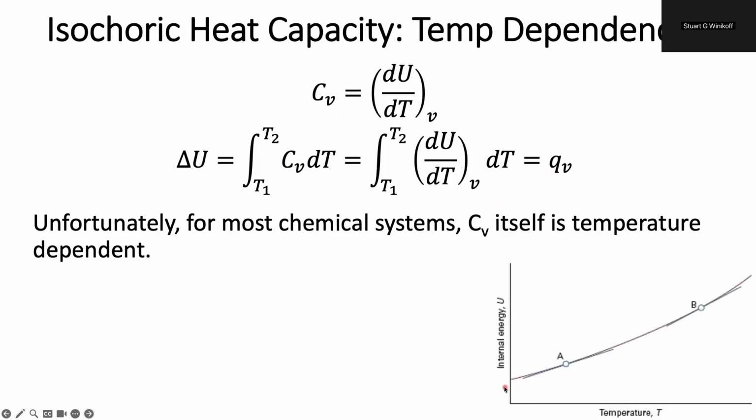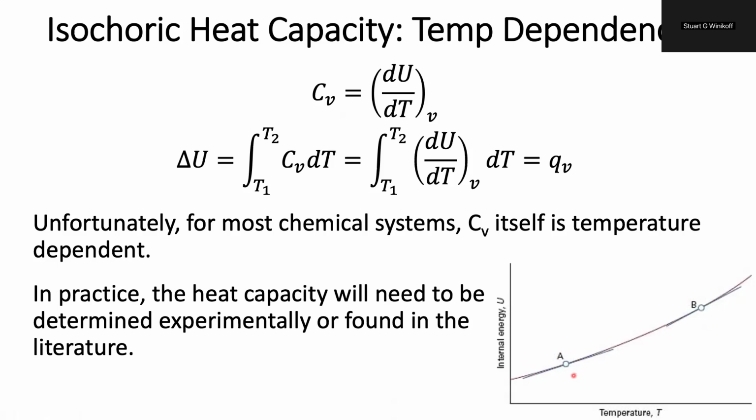Because it turns out for most systems, we have a curvilinear relationship, where you can think of this as a very gently sloping exponential, where the heat capacity is going to be much higher at higher temperatures and lower at lower temperatures. Which means that in practice, if I'm going to determine the heat capacity, I need to do it for the experimentally relevant temperature, or I need to find a value for that temperature in the literature.